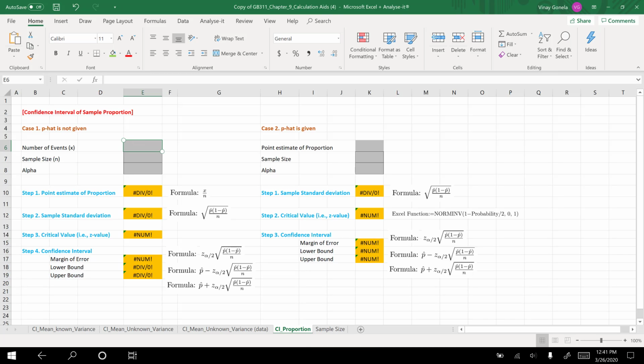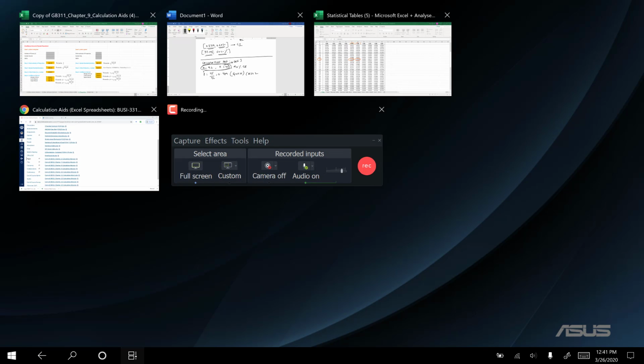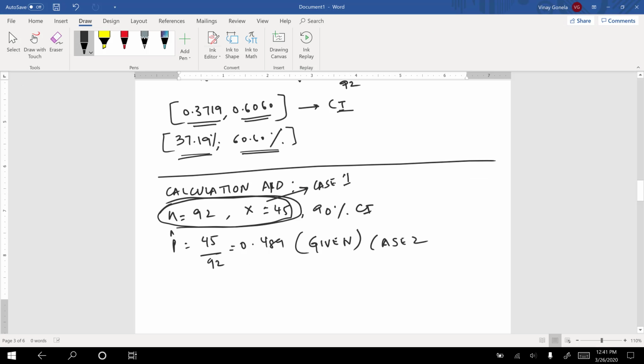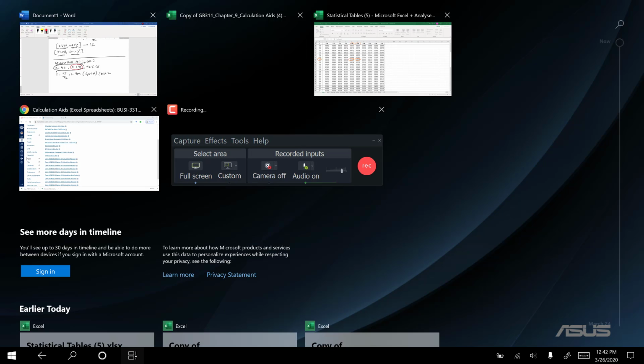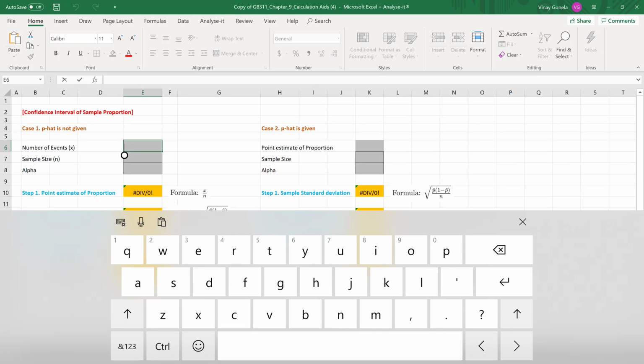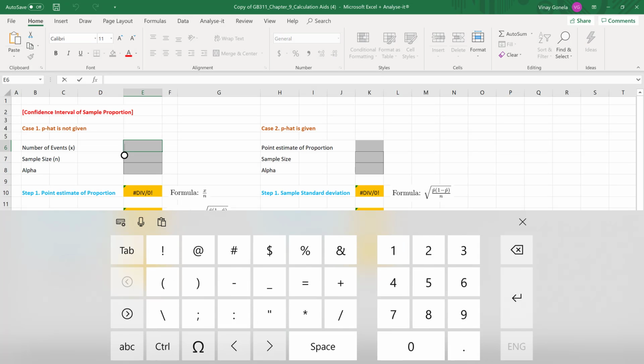So I will type in the number of events, which is 45.